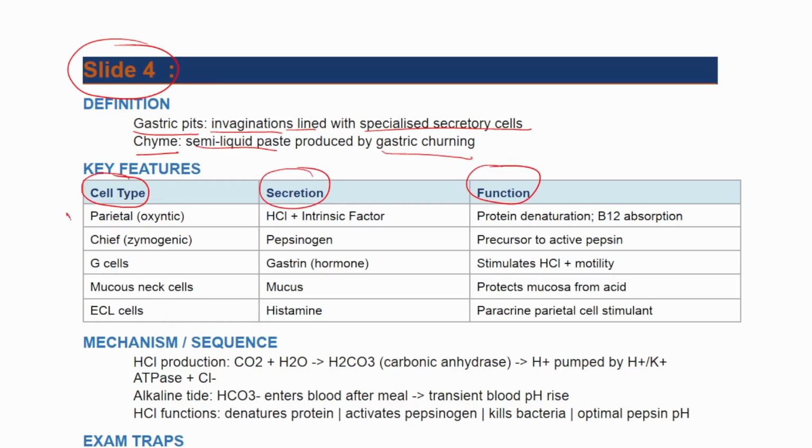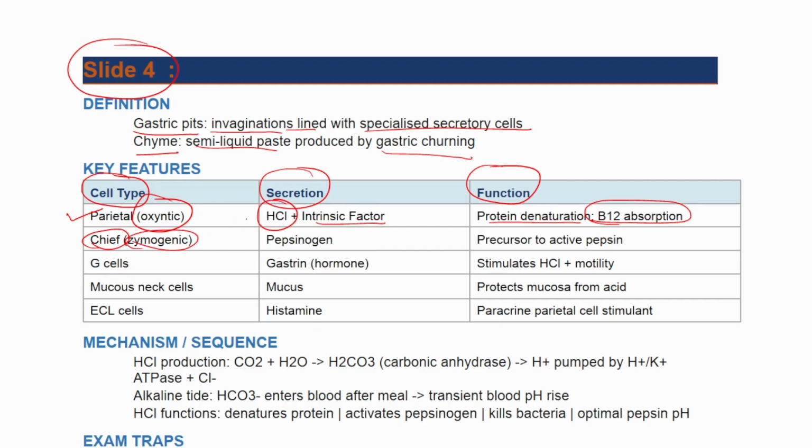First comes the parietal cell, which is also designated as oxyntic cells, and these cells secrete hydrochloric acid and intrinsic factor to execute protein denaturation and enable vitamin B12 absorption. Alongside acid production, the stomach also needs enzymes, which brings us to chief cells, alternately named zymogenic cells.